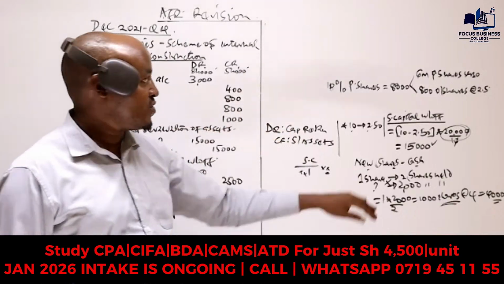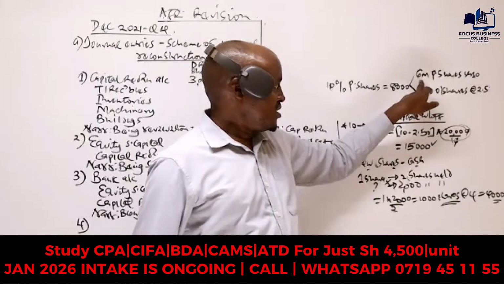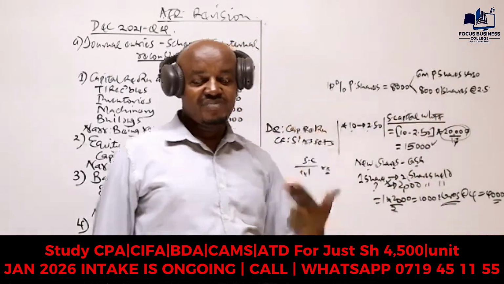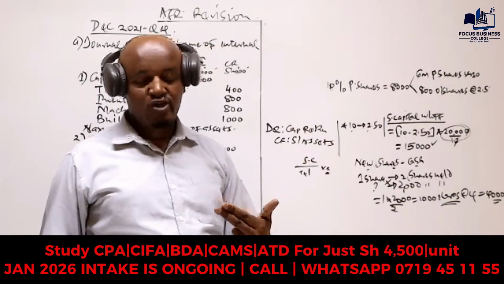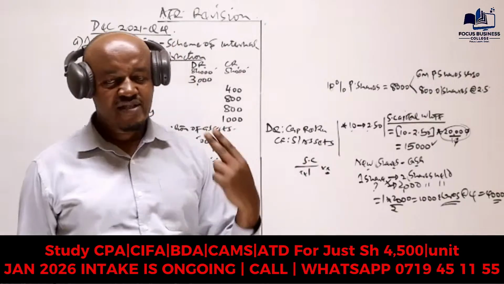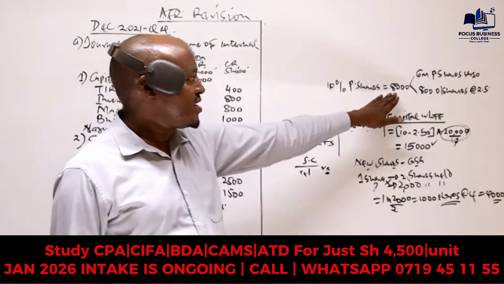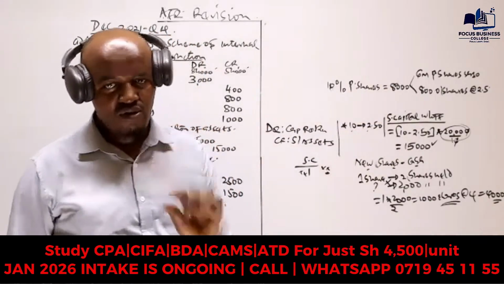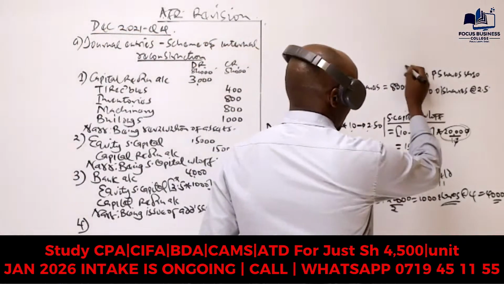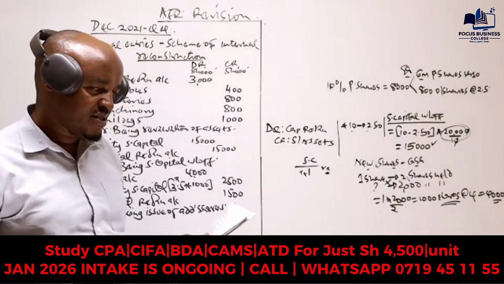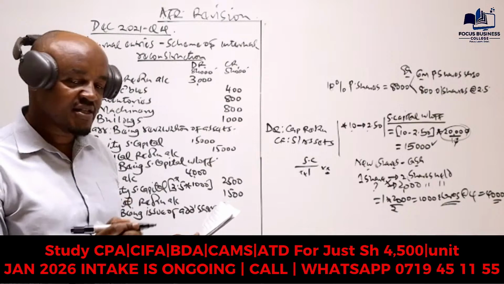If you take 6 million times 10, because we don't have the word shillings before 6 million, we can only take 6 million to be the shares. So 6 million times 10 will give us 60 million. You can see that one is more than that. So that's why I'm saying there was a small typing error. This one should be shillings. If you have the physical paper, before the word 6 million, we should have shillings.